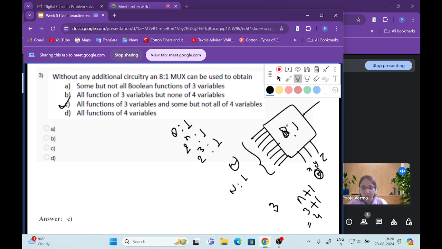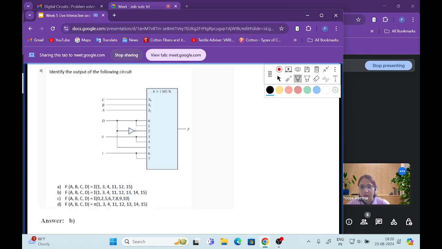Okay, so moving to the next question. The next question is, identify the output of the following circuit. So here again an 8:1 multiplexer is given, and the selection lines are given on this side, and these are the inputs.